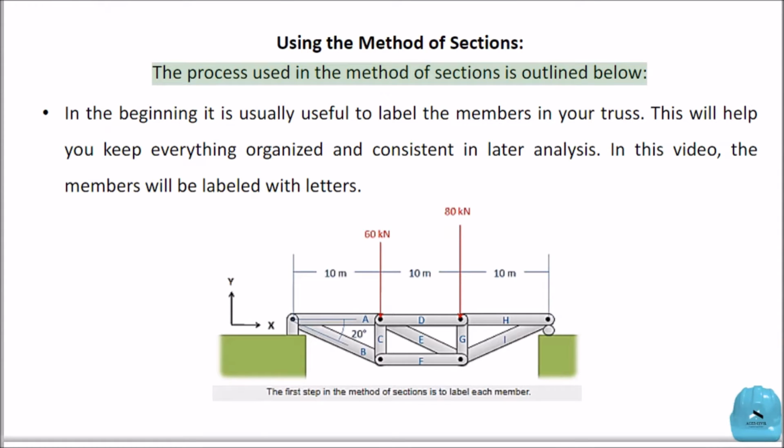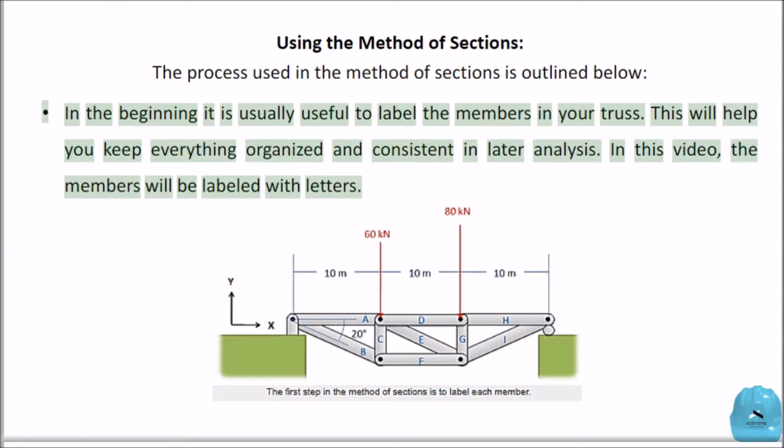The process used in the method of sections is outlined below. In the beginning, it is usually useful to label the members in your truss. This will help you keep everything organized and consistent in later analysis. In this video, the members will be labeled with letters.